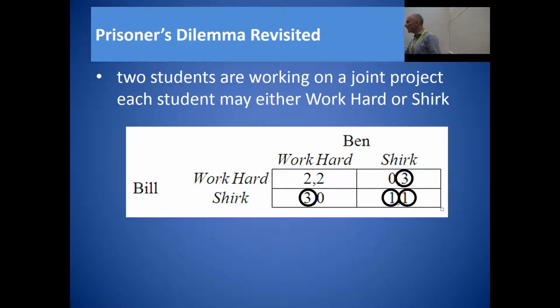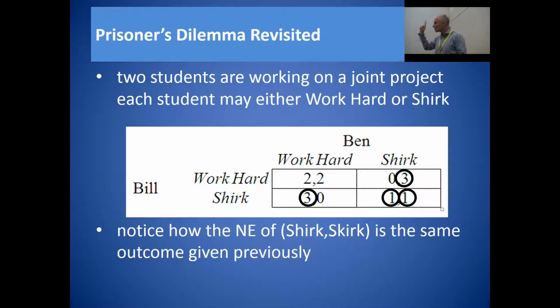So 1 again is the optimal response. So what does that suggest? We've got a single Nash equilibrium, a single plausible outcome, where both players are choosing their dominant strategy. In this case, the dominant strategy is to shirk.